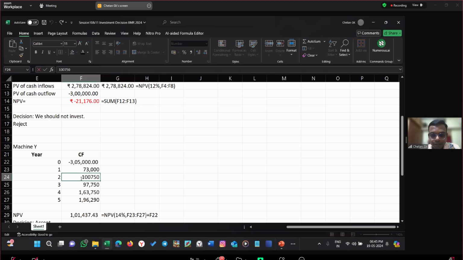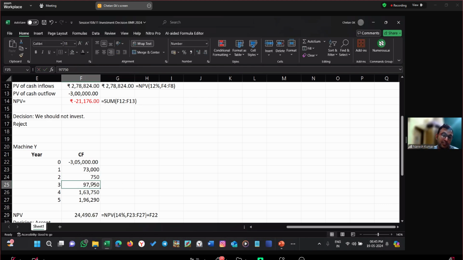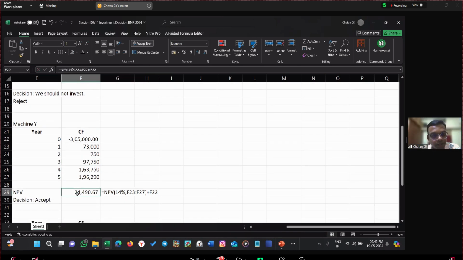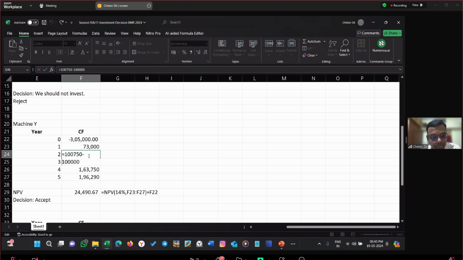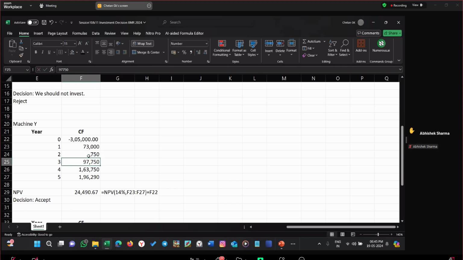Supposing, for example, this is your cash inflow, right? Minus, assuming that you are going to put 1 more lakh here, so it is a minus symbol, right? You can see that will be net. You can see NPV automatically takes it into consideration. Is it fine? Yes. Hope that is clear.